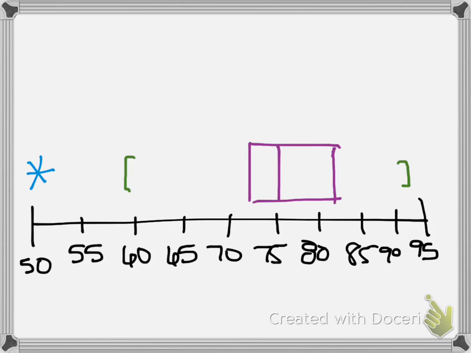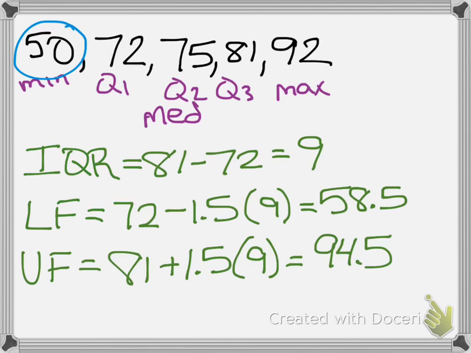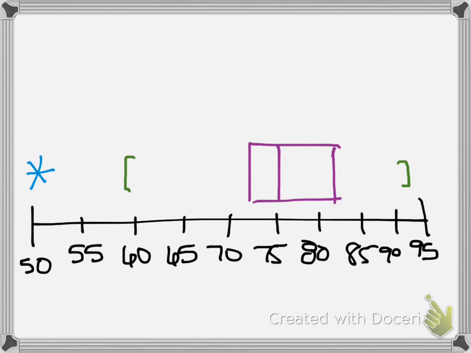Okay, so now I'm going to label my maximum first, which is 92. So that would fall about there. So I'm going to draw a smaller line at 92, and then I'm going to connect this line to my Q3. Now I also need to label a whisker going to the left, and I don't have that number in the 5-number summary, but I do know what that number was from the original data set, which we used in the previous notes.